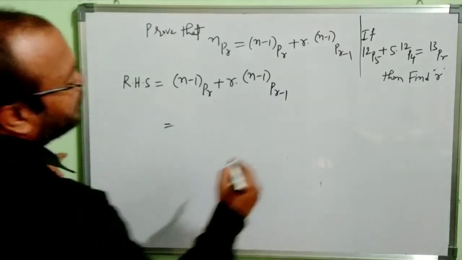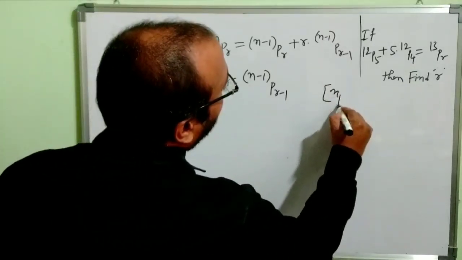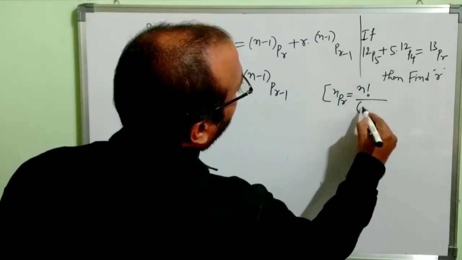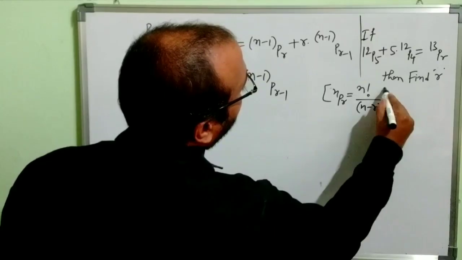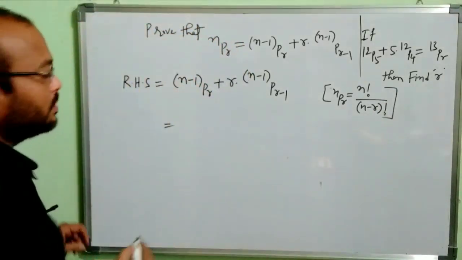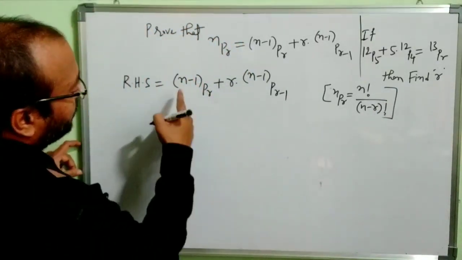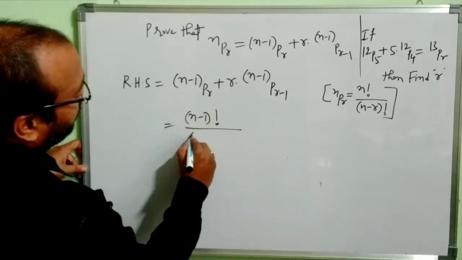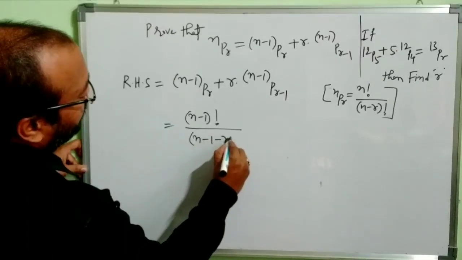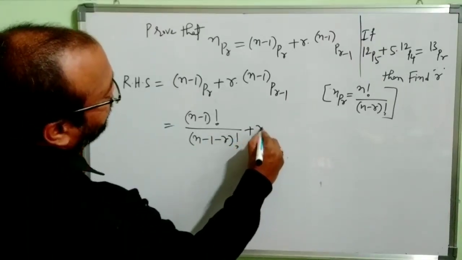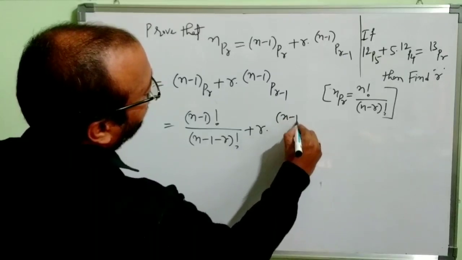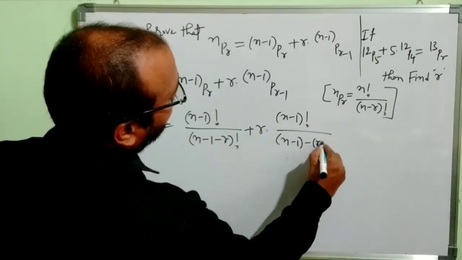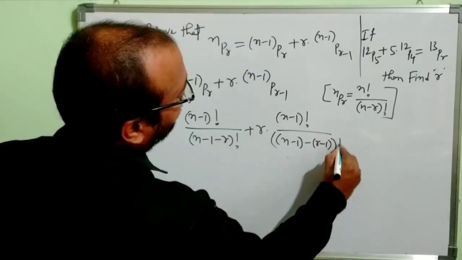Right. According to the formula of nPr, nPr means what? n factorial by (n minus r) factorial. So now, according to that formula, this becomes (n minus 1) factorial by (n minus 1 minus r) factorial, plus r into (n minus 1) factorial by (n minus 1 minus (r minus 1)) factorial.